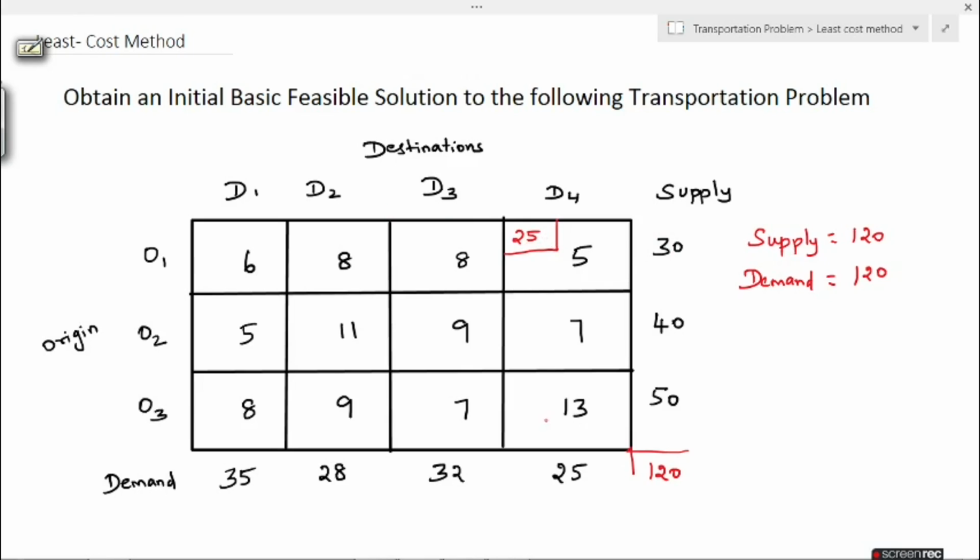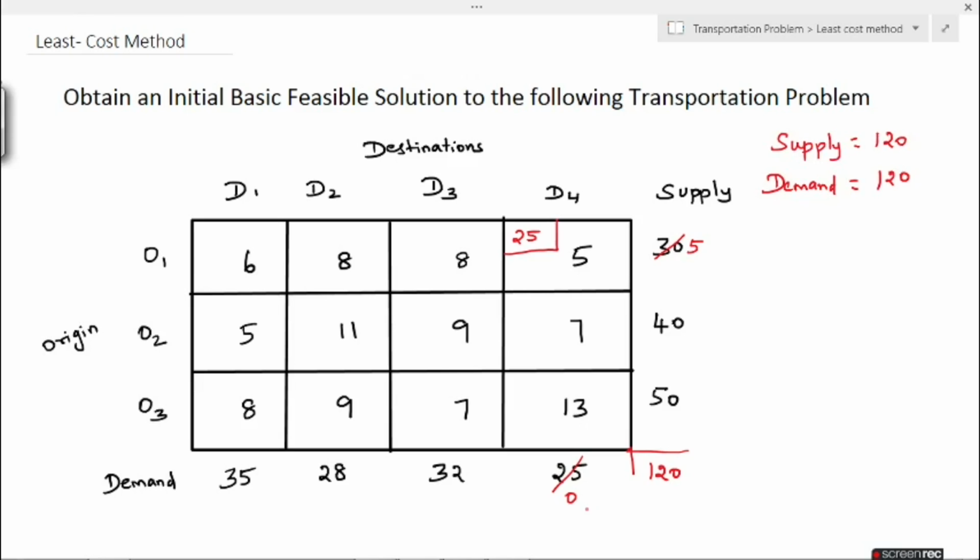Now subtract the allocation value 25: 25 minus 25 becomes 0, and 30 minus 25 is 5. This allocation satisfies the demand because here we have 0, so this corresponding column gets cancelled. If the supply value were 0, the corresponding row would get cancelled.